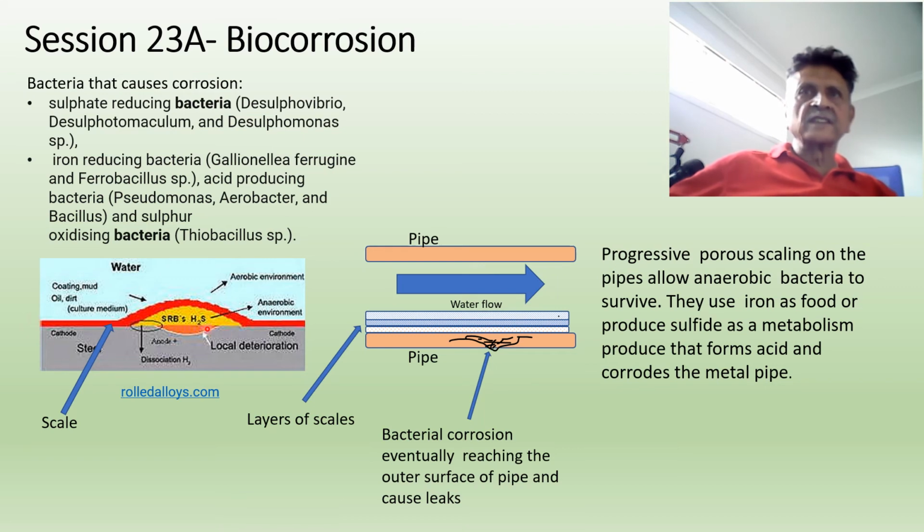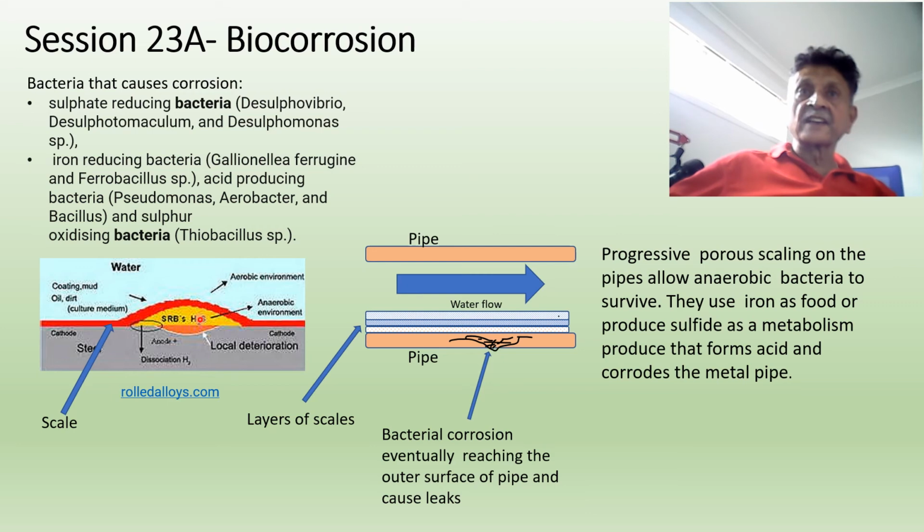If you look at this, this is the wall of the pipe, and as the water goes in, you find that at this point in the slime, bacteria accumulate, and then they do all their work. They generate acid. The acid will cause electrolytic corrosion. And it may be anaerobic. When it is anaerobic, hydrogen sulfide is formed.